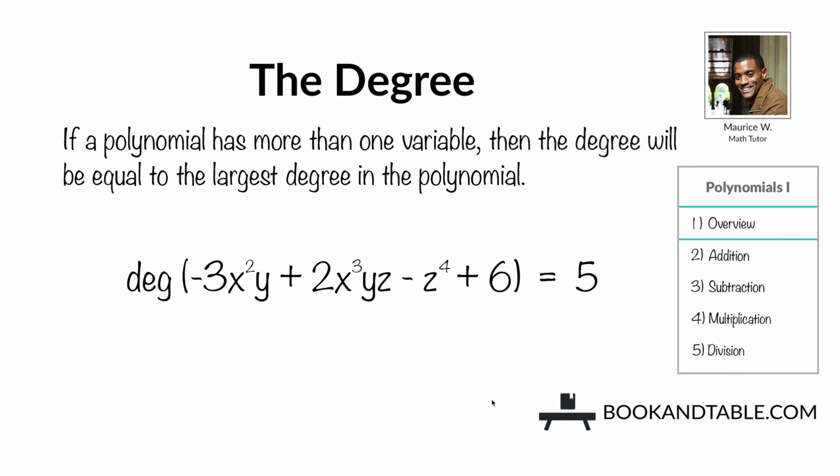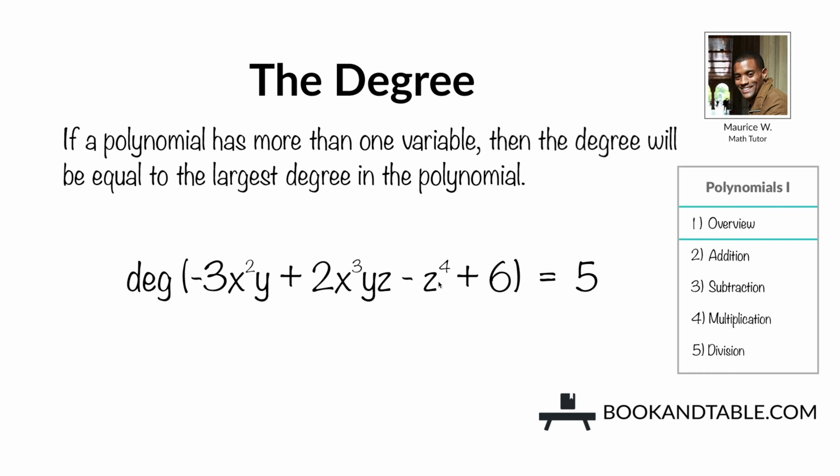Now let's discuss how we find the degree of a polynomial that has more than one variable. If a polynomial has more than one variable, then the degree will be equal to the largest degree in the polynomial. So let's say we had the polynomial negative 3x squared y plus 2x cubed yz minus z to the fourth plus 6.